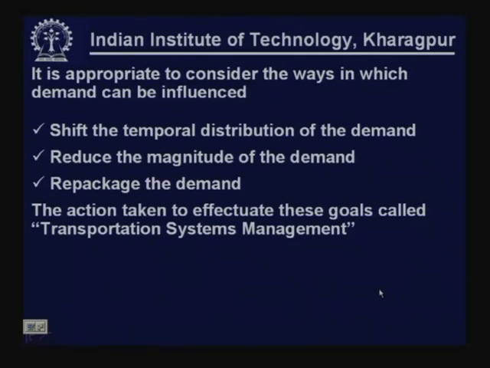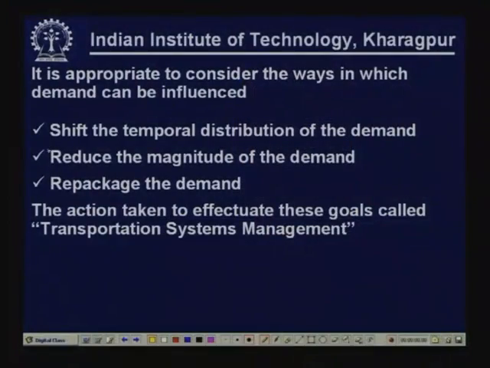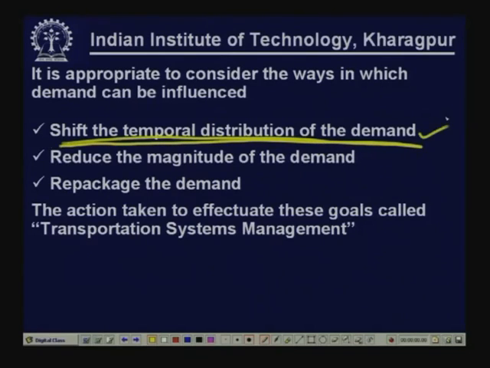There are 3 different ways that we can influence the demand. One is shifting the temporal distribution of demand. I have already mentioned that demand has a temporal nature. At 9 o'clock the road is highly congested, at 11 o'clock it may be relatively free. So, shifting the temporal distribution of demand is one way we can influence the demand. Another is to reduce the magnitude of the demand.